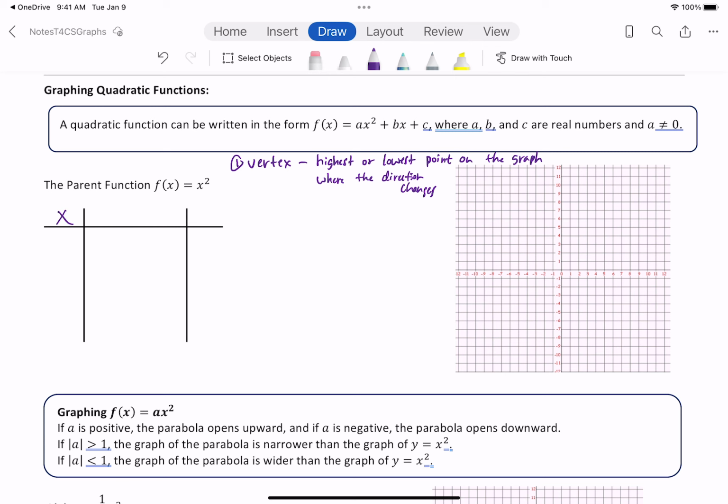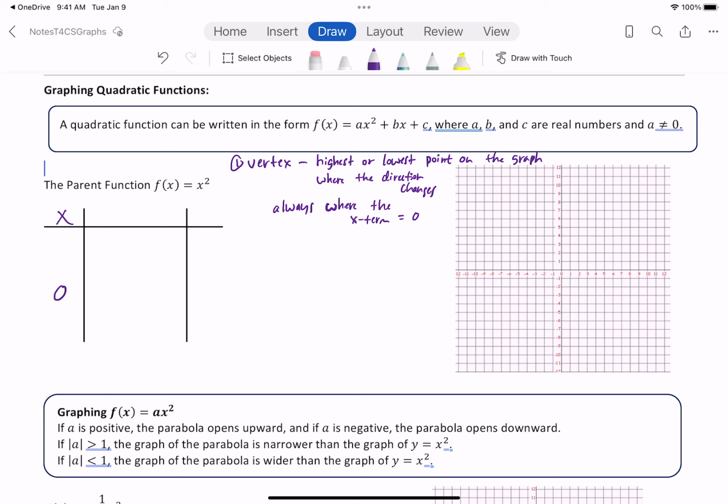So the vertex is always where the x term equals 0. So in this particular problem, my x term is x squared. So the only number that I can square and get 0 is 0. So I'm going to put 0 in the middle.